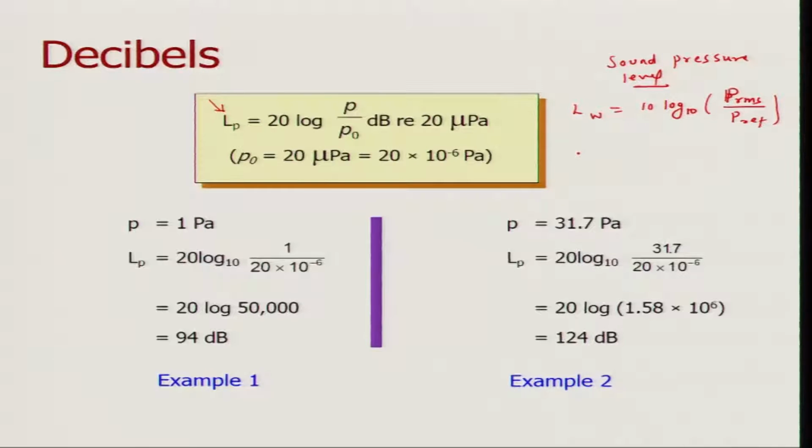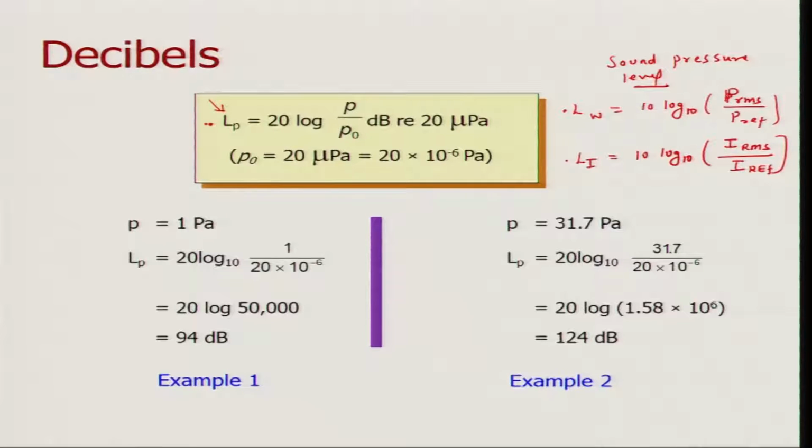Similarly, sound intensity level is 10 log 10 of I RMS, that is the RMS value of intensity, divided by I ref. So, that is sound power level and sound intensity level, but this is sound pressure level.